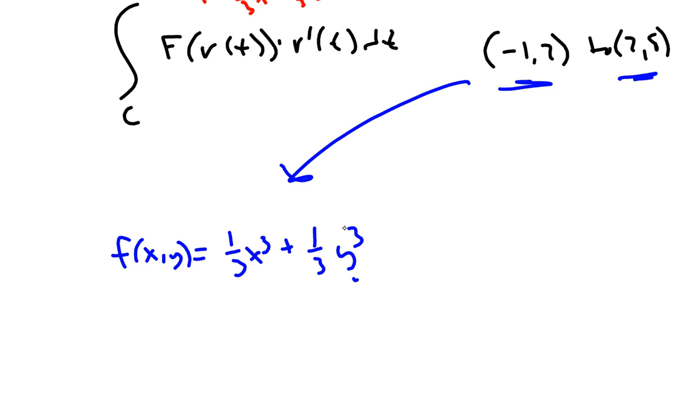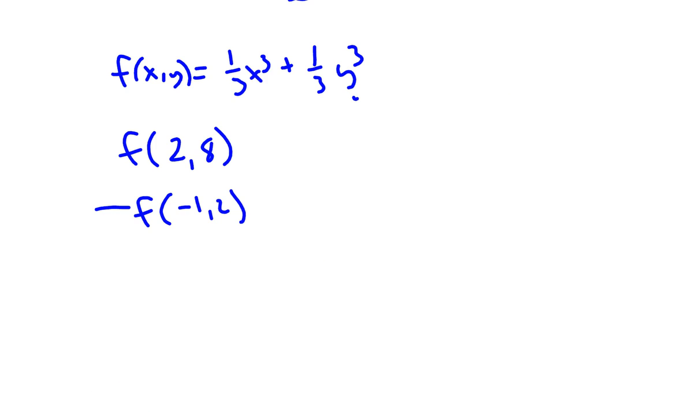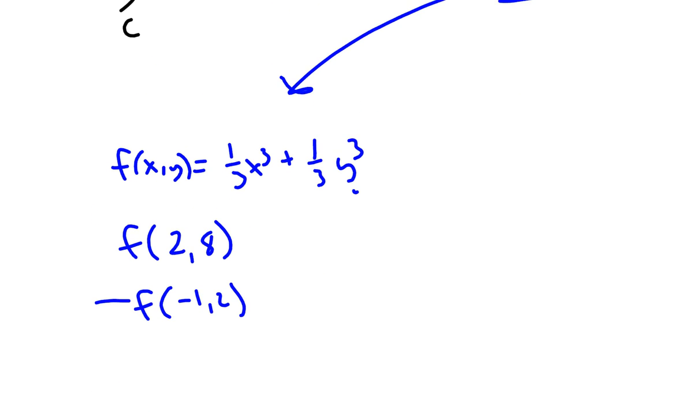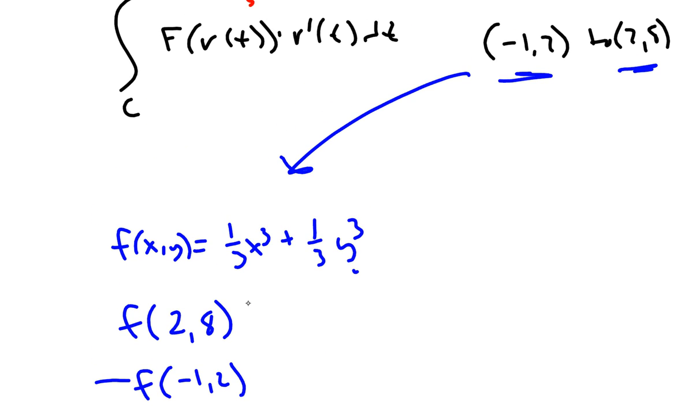I'm going to find f of 2 comma 8, and I'm also going to find f of -1 comma 2, and I'm just going to subtract them. If I subtract the values of that scalar function at these two points, I get the total amount of work that's going to be done. You could think of this like a potential. So what do we have?